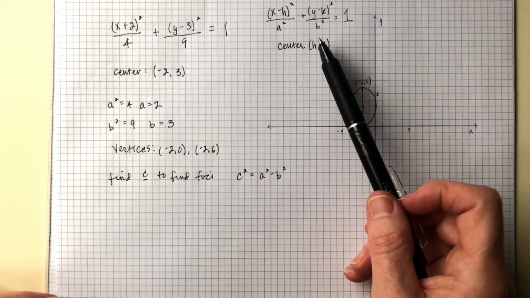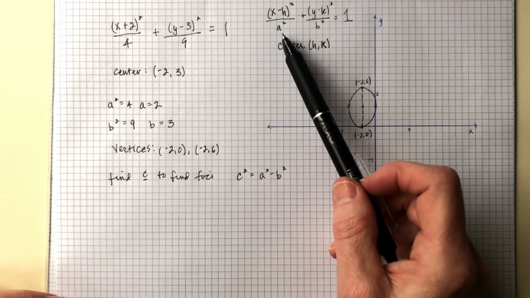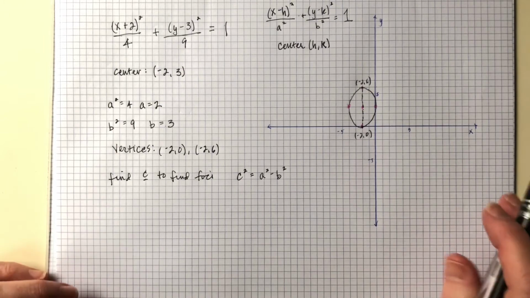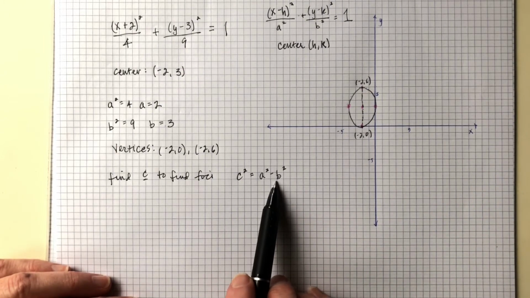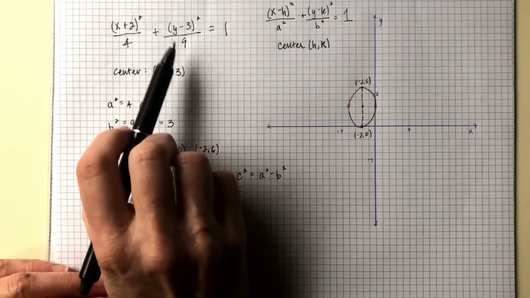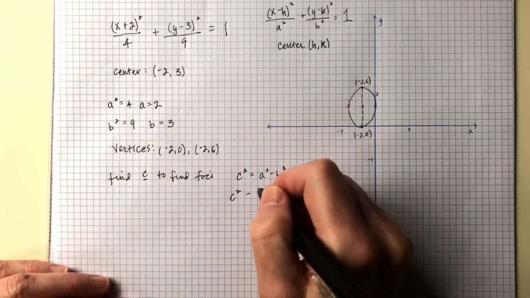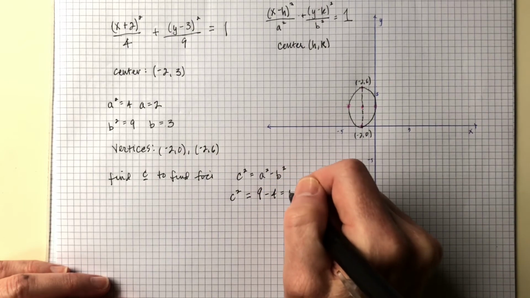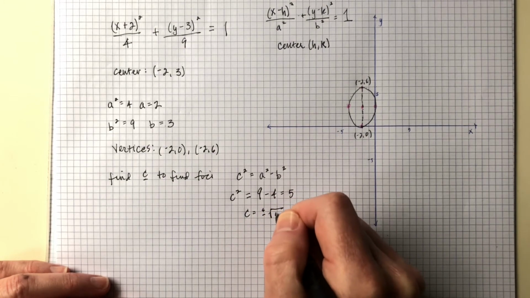Your textbook may be more specific, where they always make the a whatever the higher number is and so forth. I don't like to memorize a lot of different formulas, so I just like to say, in general, c squared is whatever the bigger number is minus the smaller number, because that's really what matters here. So c squared will be 9 minus 4, which equals 5, so that means c equals plus or minus the square root of 5.